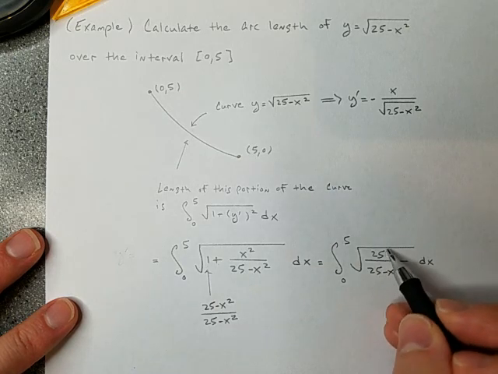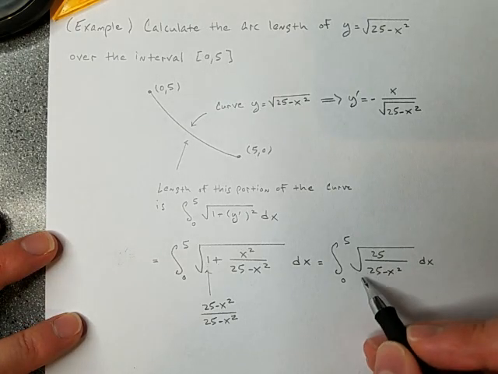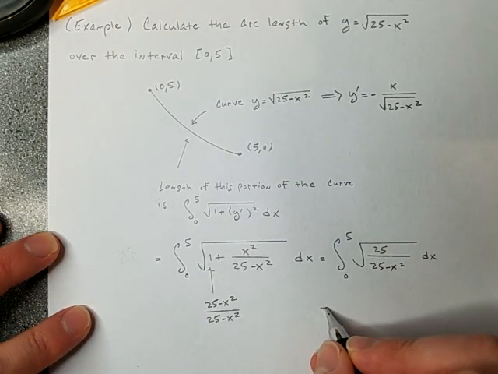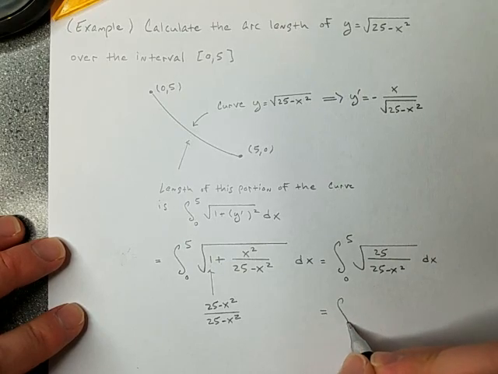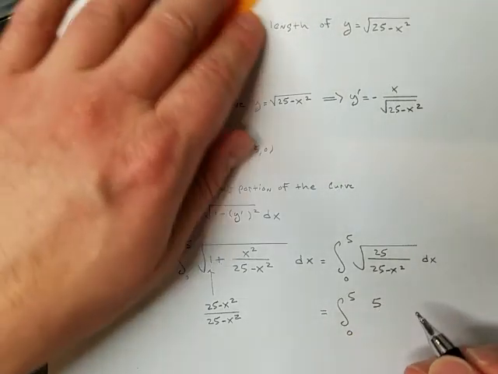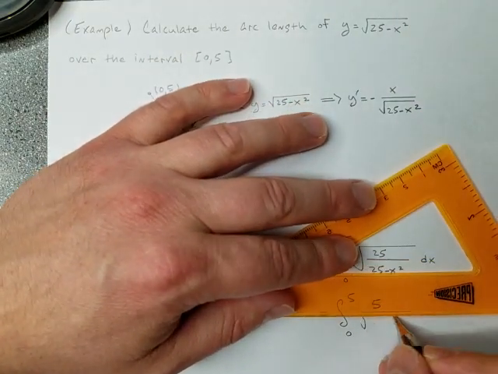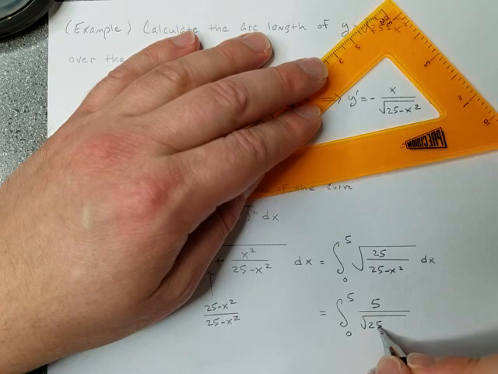Square roots distribute over division and multiplication, but not over addition and subtraction. So I could look at this as root 25 over root 25 minus x squared. So let's say 0 to 5, with 5 being root 25, over root 25 minus x squared.